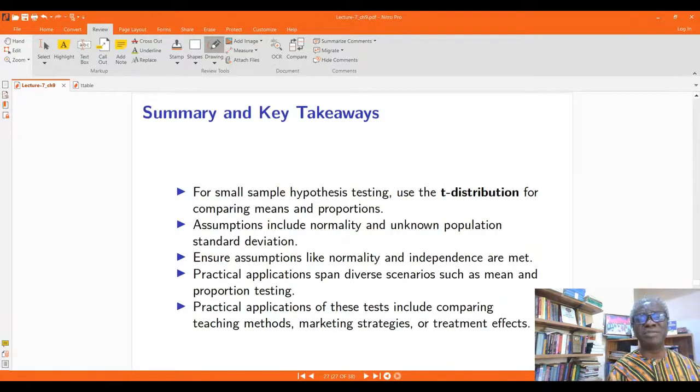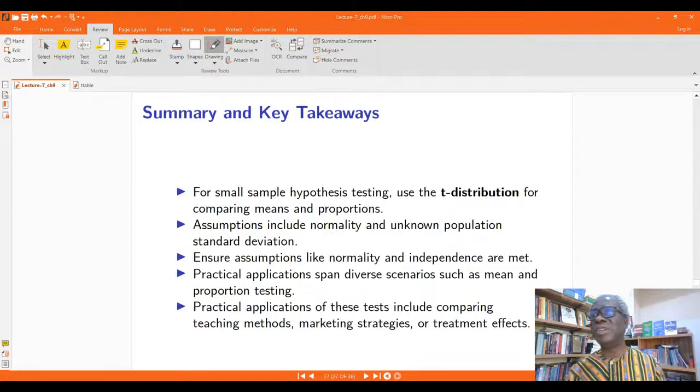So the assumptions that allow us to use the T distribution: one, the underlying distribution is normal, only that the sample size is small.